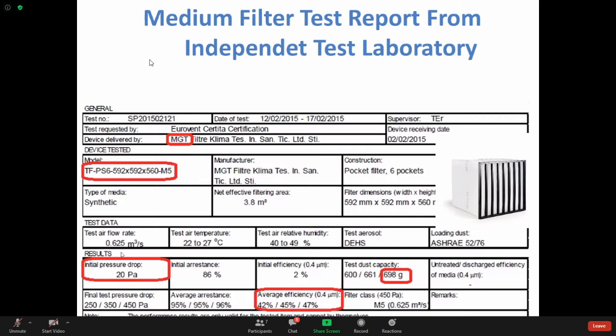Dust capacity, with I think 3,000 cubic meter, was 698 gram, which is acceptable for the industry, and average efficiency was around 45%. And this type of bag filter, as you can see in the picture, is used for gas turbines, what we tried to explain at the beginning of the meeting. Yeah, this is the type they use right now for gas turbines or for automotive sectors. This is common for them.